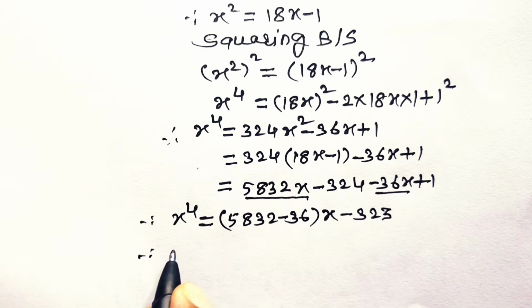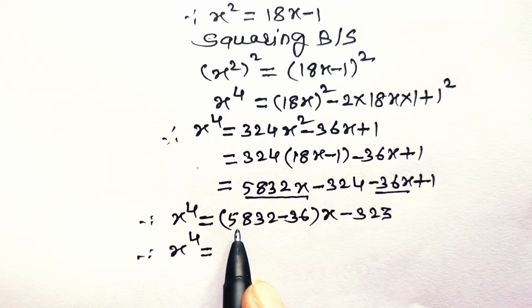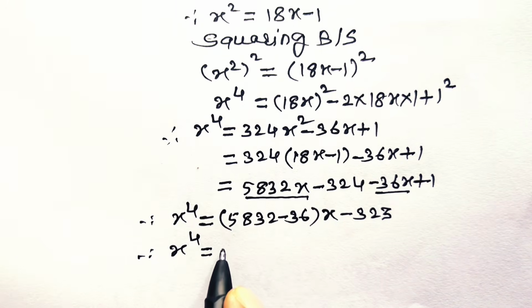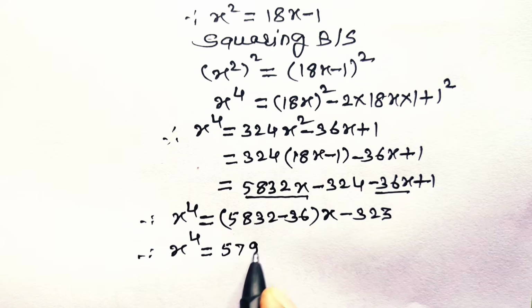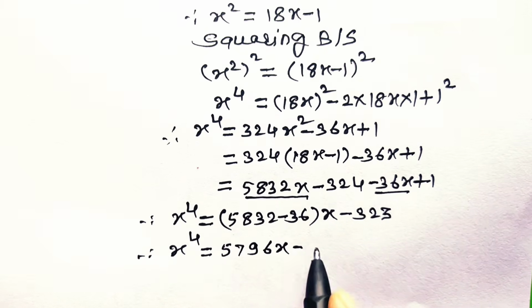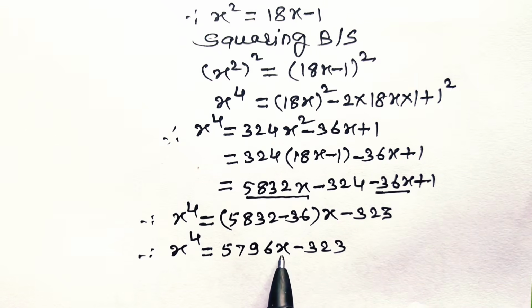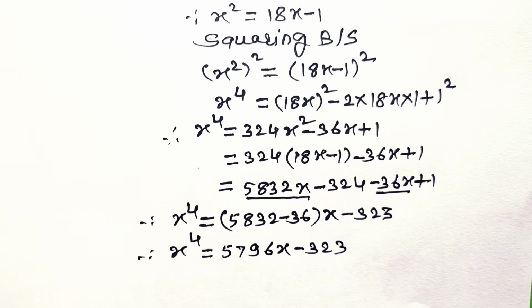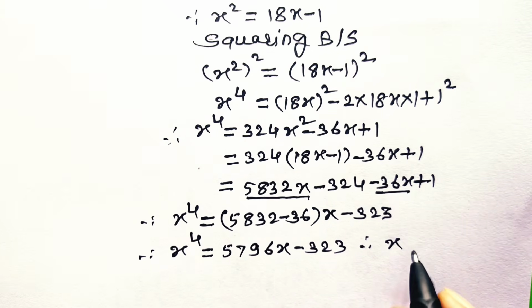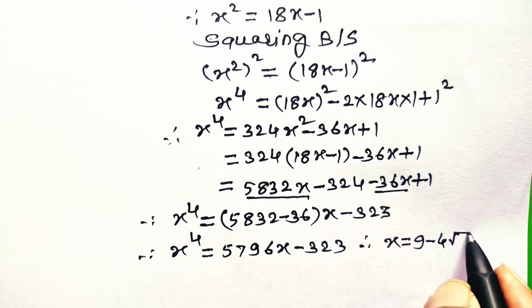Hence x to the power 4 is equal to 5832 minus 36, this is equal to 5796 times x minus 323. Now we have to replace this x. We have assumed x is equal to 9 minus 4 root 5.